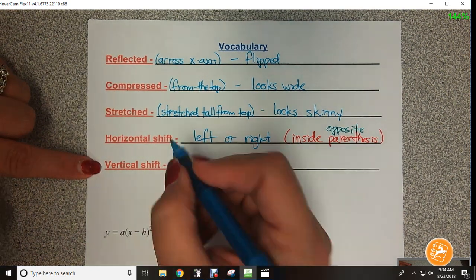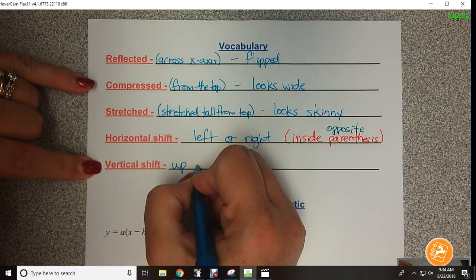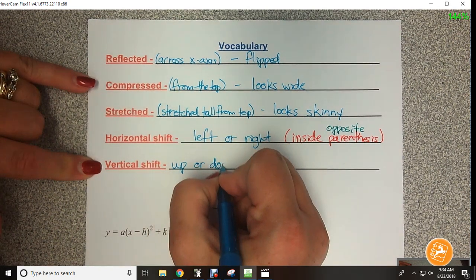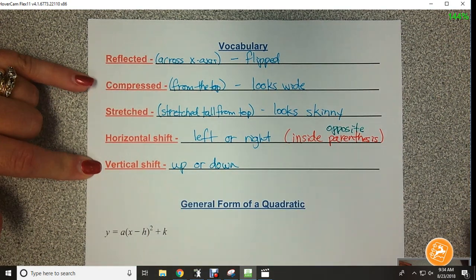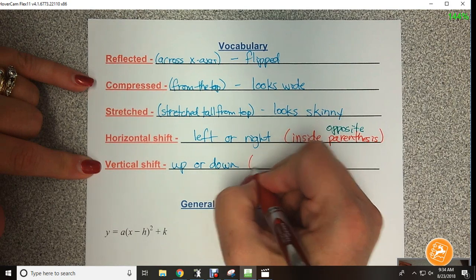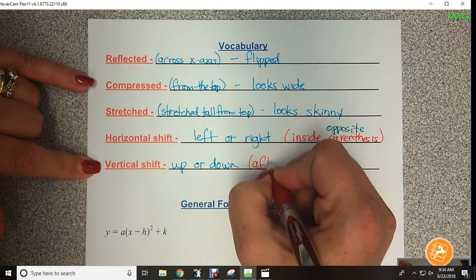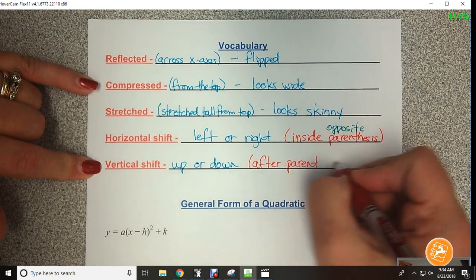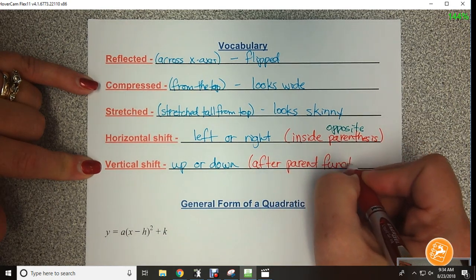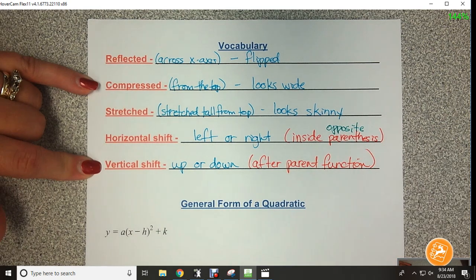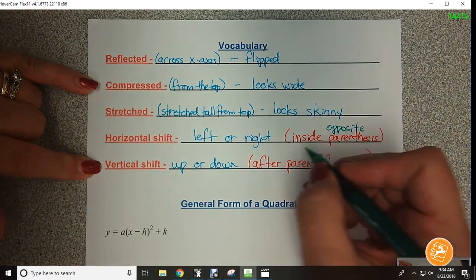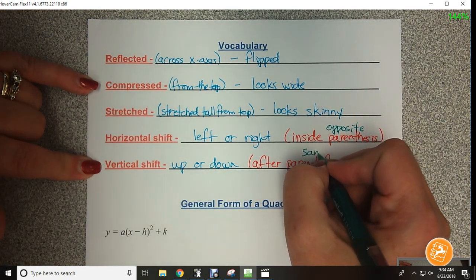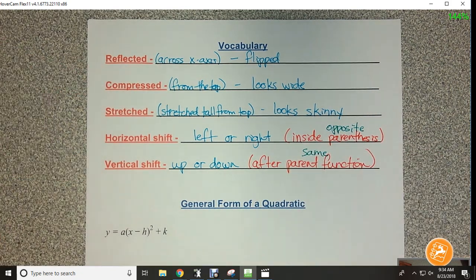Your vertical shift, remember that's when it shifts up or down. And that comes after the parent function. And you're going to do exactly the same as what the sign of that number is.